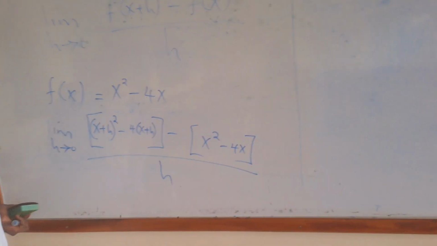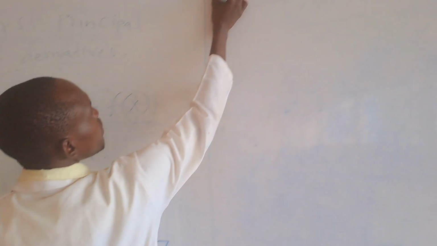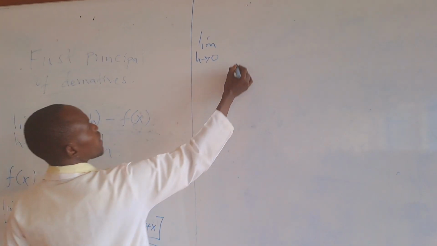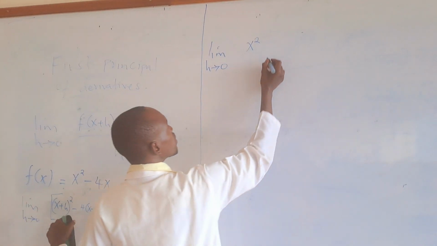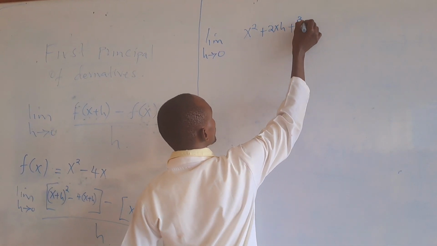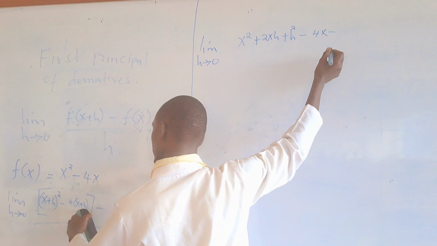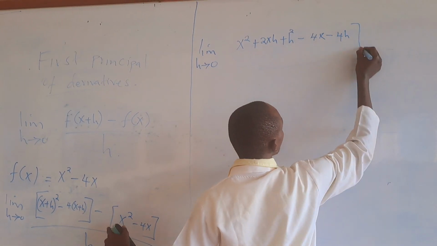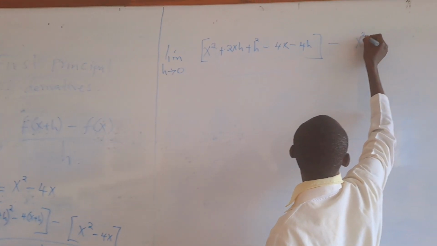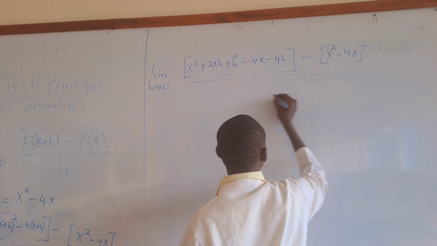So let's begin from this. So we'll have the limit as h tends to 0 of x squared plus 2xh plus h squared minus 4x minus 4h, everything in bracket, minus x squared minus 4x, but everything is divided by h.